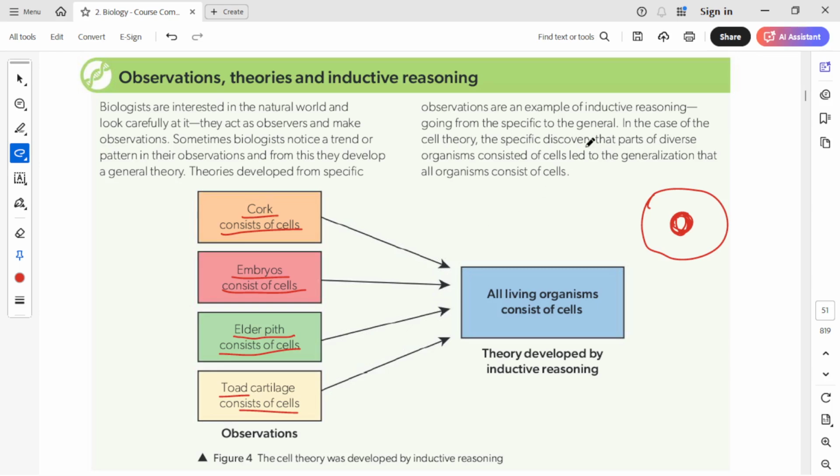The cell theory was given on the basis of inductive reasoning. The specific discovery that the parts of diverse organisms consist of cells, whichever part you take from any species, gave a general idea that all organisms are made up of cells.